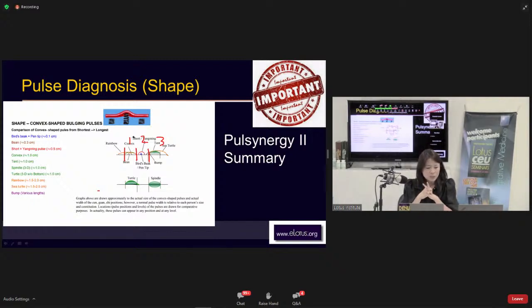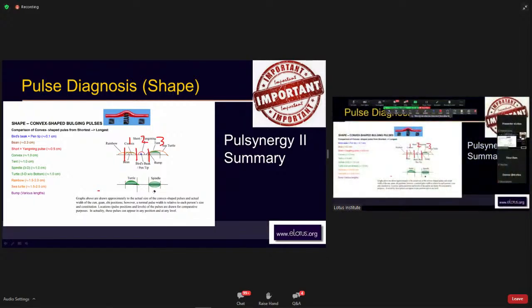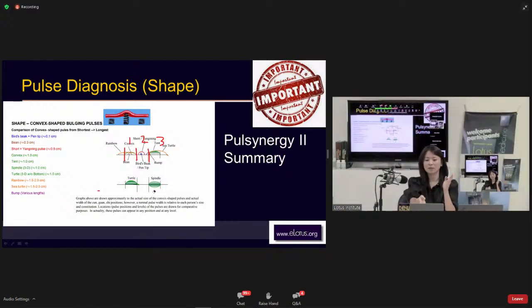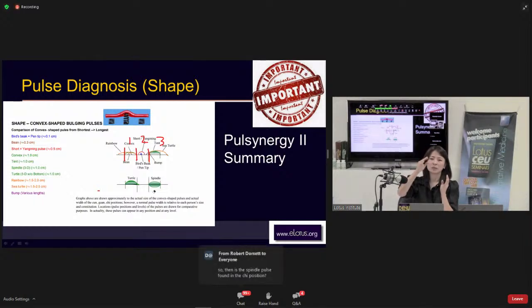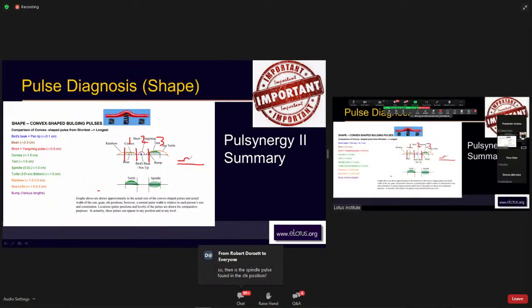Question: is the spindle pulse extending deeper beyond the bone? Now, the spindle pulse is just something that you can feel. You can feel exactly what you see right here. When you feel the entire vessel, you can feel the top and the bottom. If you move your finger like this on the pulse, you can feel the entire shape of it, not just on top. With pulses like these here, the bottom will be like this, and then you will have a bulge, right?